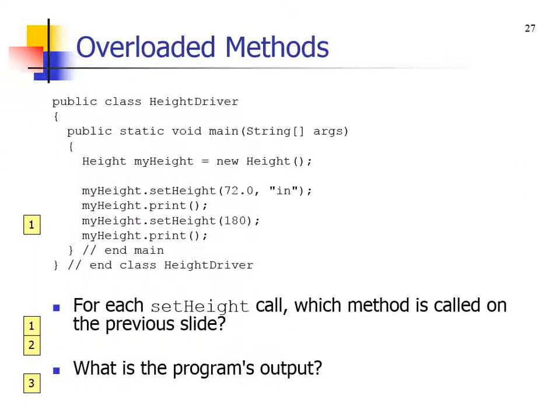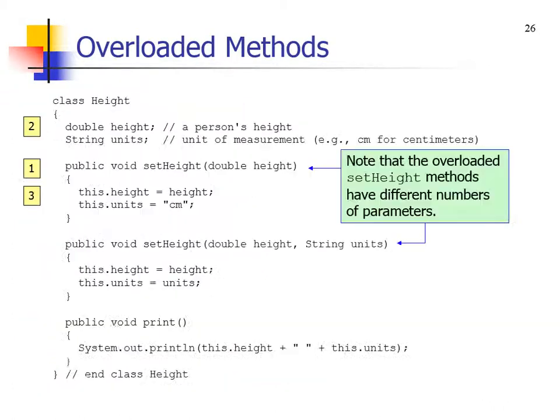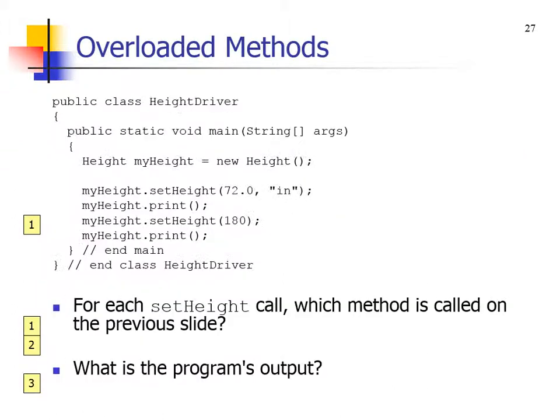So let's come over here. Now let's look at the driver. We have our main method. We're setting 72 in inches, right? So if I did my height print, what is it going to come out? It's going to come out 72 inches, right? Then I do 180, but I don't put anything in here.